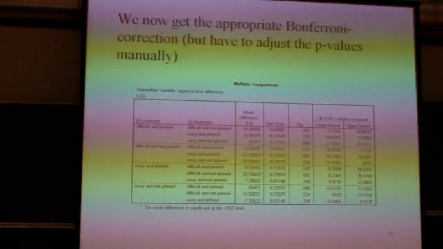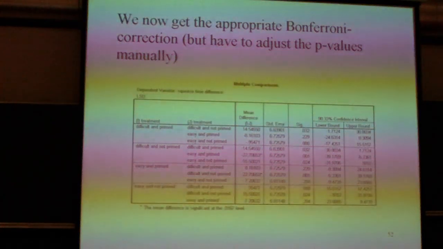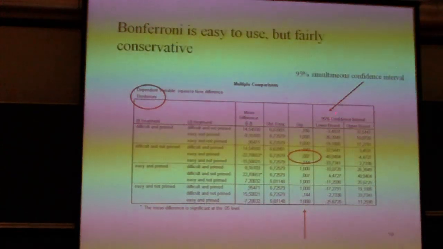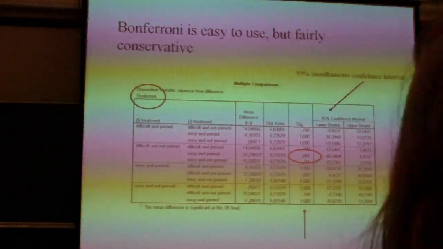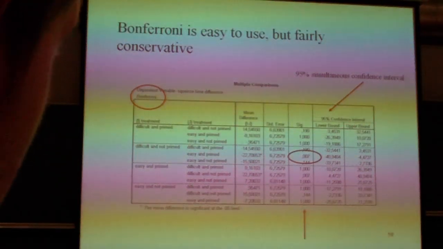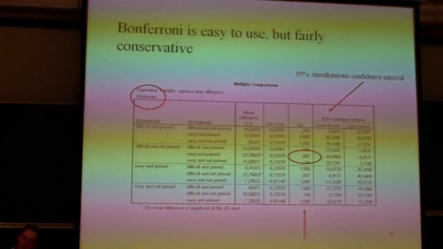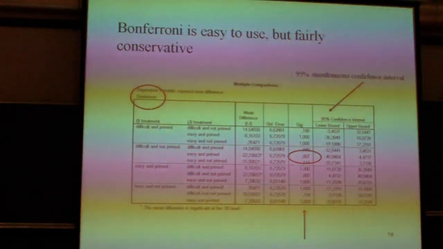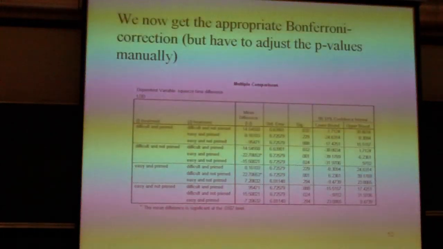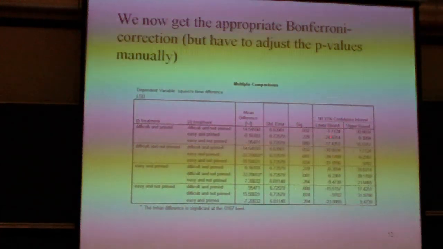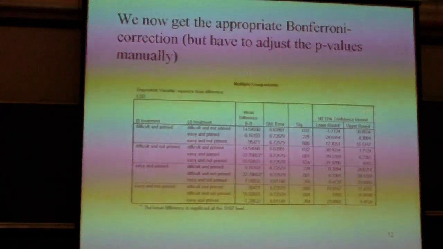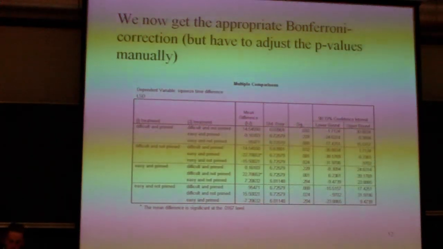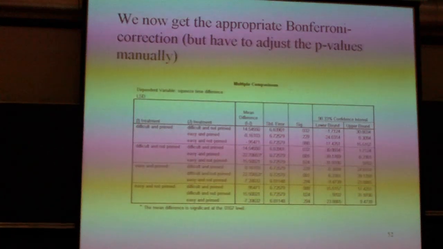So if you actually do the ordinary Bonferroni correction, like we did earlier over here, then you get the 95% simultaneous confidence intervals, but these tend to be too large because we lose power because we are overcorrecting. And by manually doing a smaller correction, which we can designate as an adjusted Bonferroni correction, we're now getting 95% simultaneous confidence intervals where the intervals are actually smaller than if you would use the ordinary Bonferroni correction.